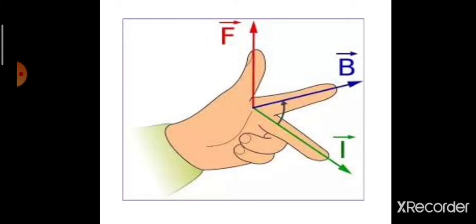We have studied Fleming's left-hand rule in class 10, according to which if the forefinger represents the magnetic field and the middle finger represents the direction of current, then the thumb of your left hand will give you the direction of magnetic force.